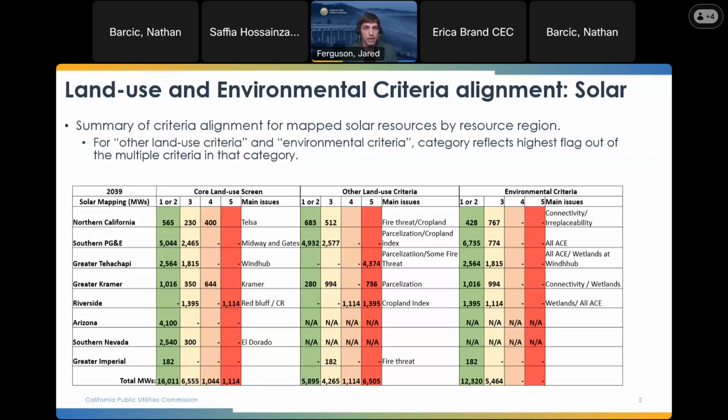So for example, again, in Northern California, we have just over half of the solar resources, 680 megawatts, at substations where those three core criteria have all level 1 or 2 flags. And then you have 512 megawatts mapped to substations that have a level 3 flag in at least one of those categories.